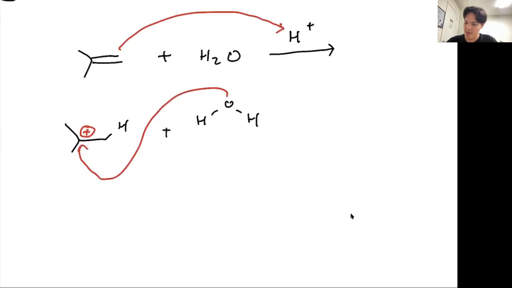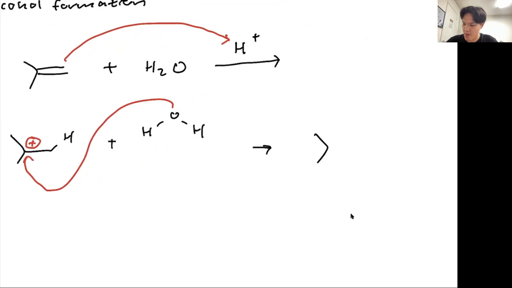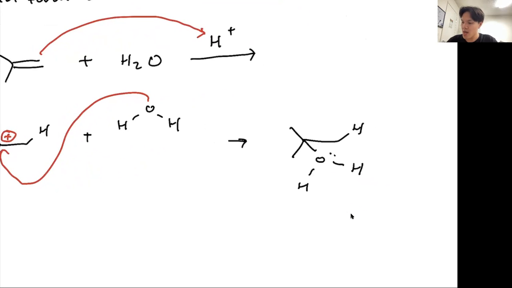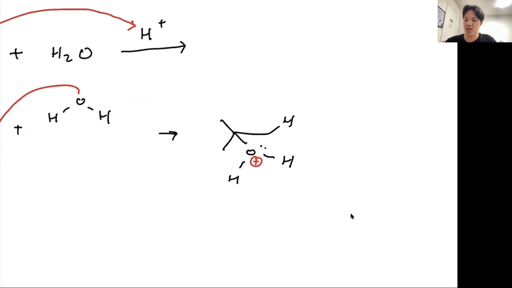And once it attaches there, remember, it can attach both front and back side. Let's do a quick formal charge on this oxygen over here. This oxygen has a valence electron count of 6. It has 3 bonds attached to it, and it has 2 electrons on it. So it's a positive. And how do we get rid of a positive? We do something called deprotonation.